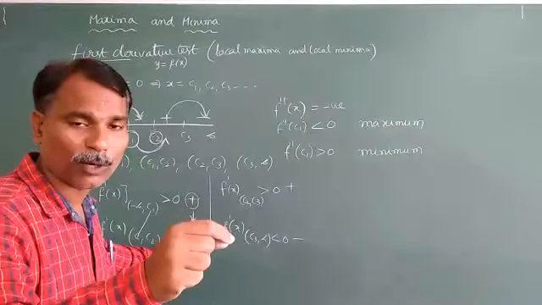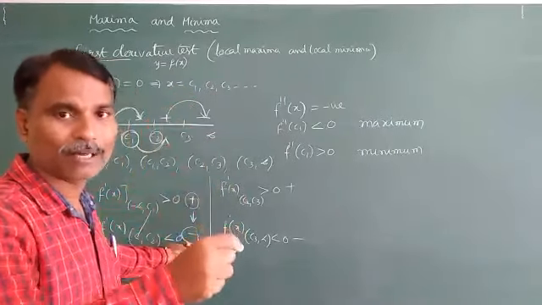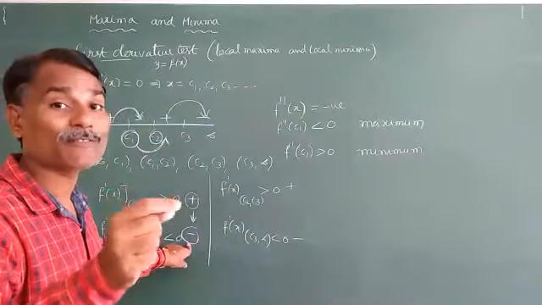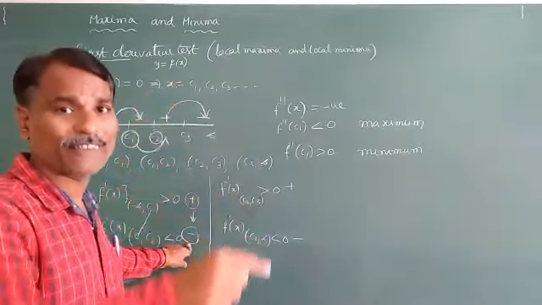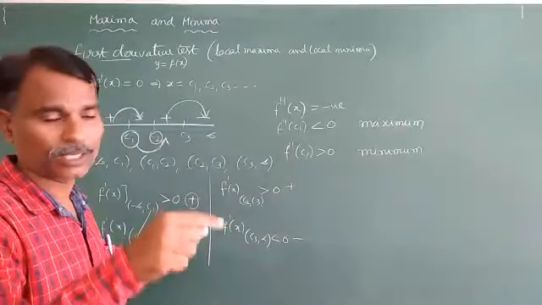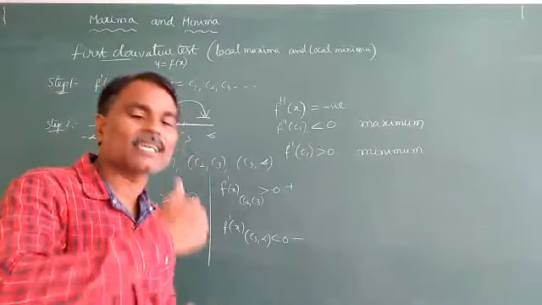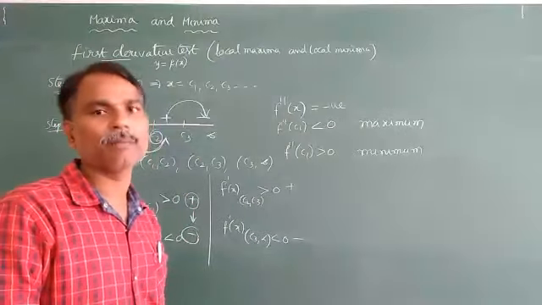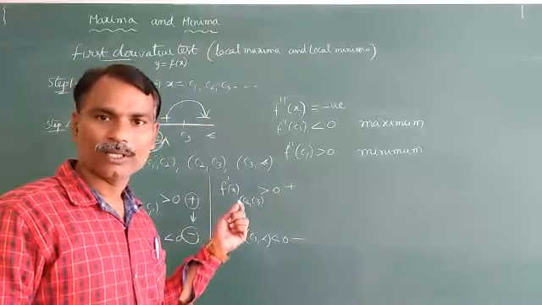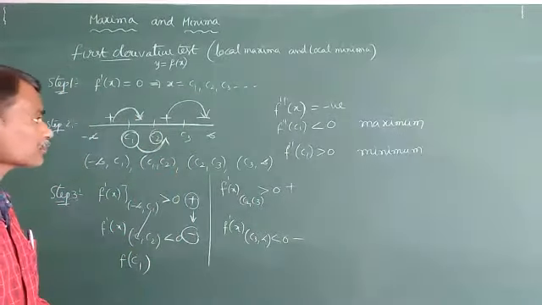And if you take f dash of c1, that is f of c1, don't keep it in the first derivative now; you should keep it in f of x. That means f of c1 is the local maximum value. Where the sign changes from minus to plus, you have to consider it as local minima. Then f of c1 is considered as a local minimum value.